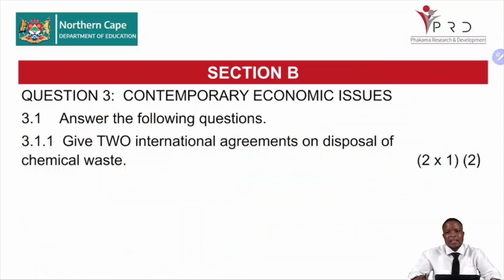Remember, we have an essay called International Problem, where you find loss of biodiversity, chemical waste, hazardous waste, loss of indigenous knowledge. For each problem, there were international agreements. There were protocols that we use in order to try to fix that situation. So we're going to give the ones that we use for chemical waste.